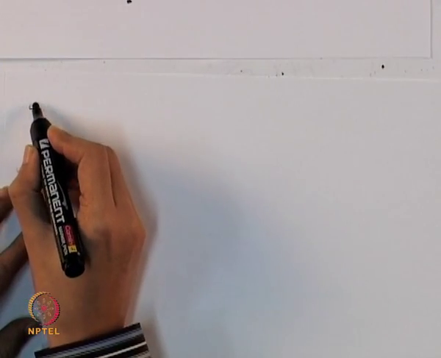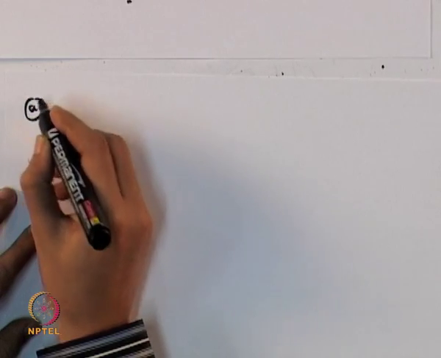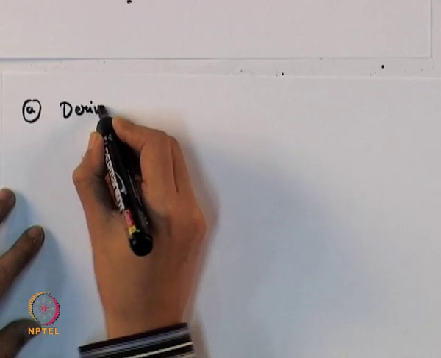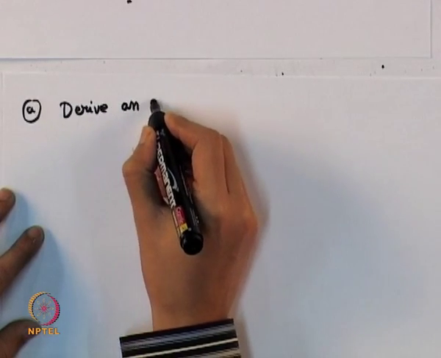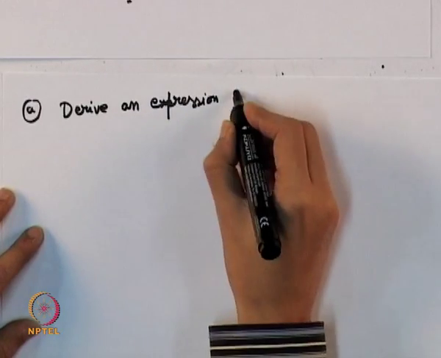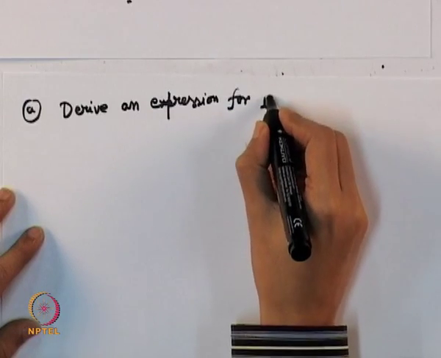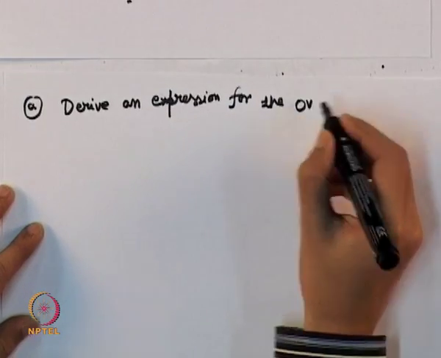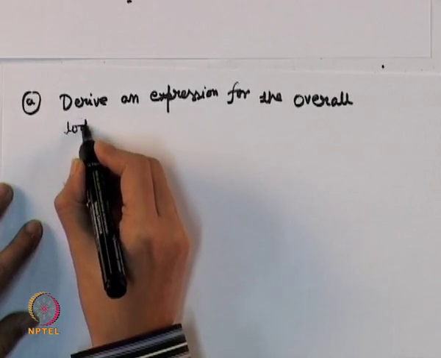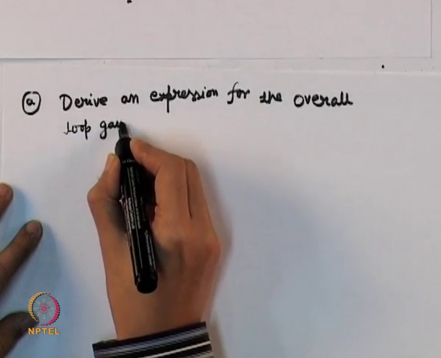Now, from here what we have to calculate? Let us see. First, derive an expression for the overall loop gain.